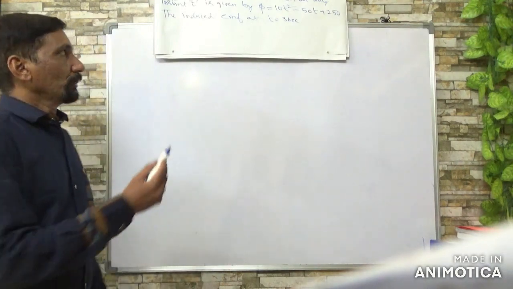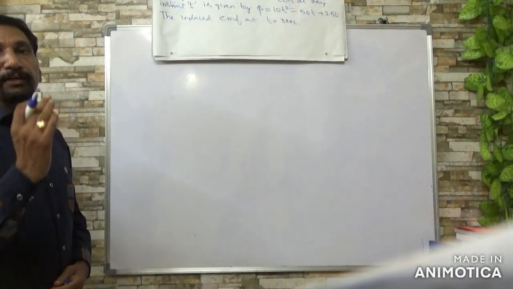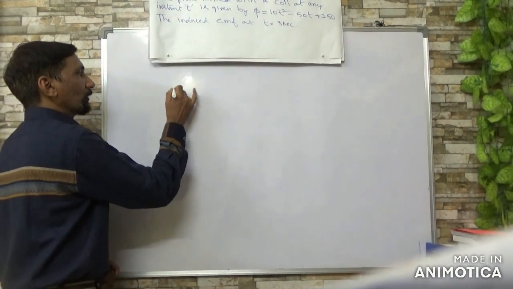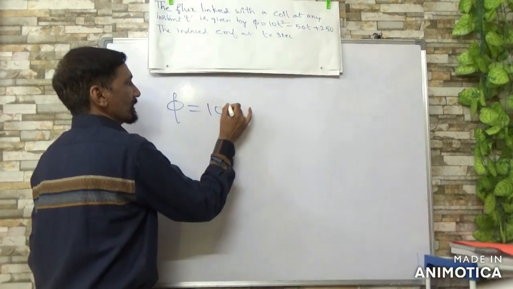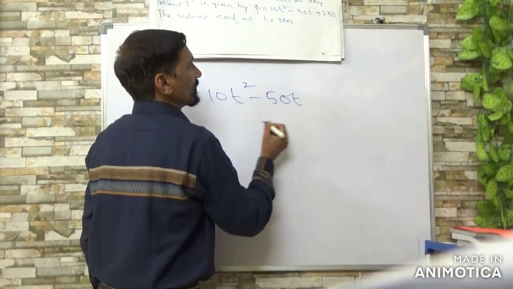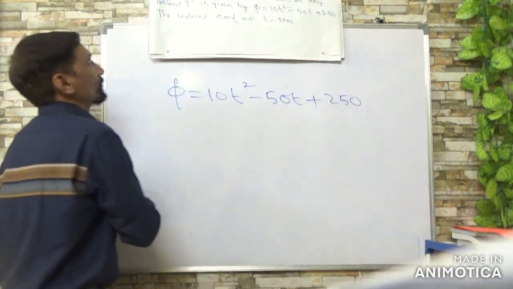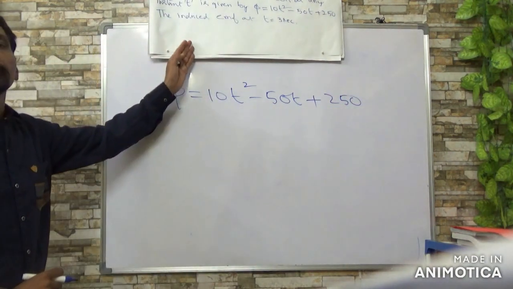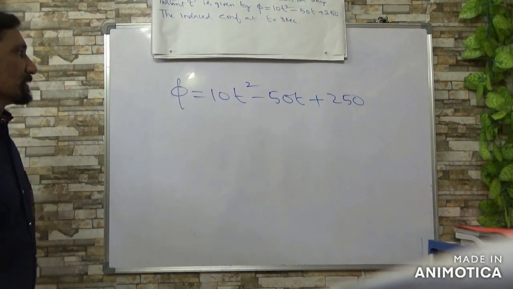Now the next problem. You are given flux linked to a coil. Flux is given as 10 t square minus 50 t plus 250. You want to find the induced EMF at t equal to 3 seconds.